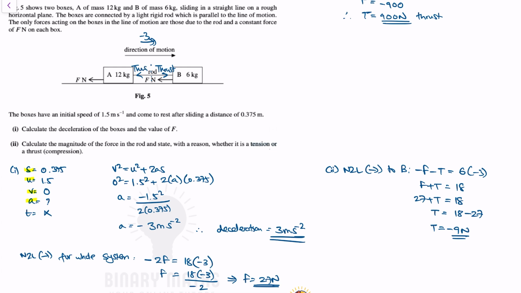So the magnitude of the force in the rod is equal to 9 newtons thrust, as the force is acting towards each box. So it's not pulling, it's pushing. Pushing into each box.